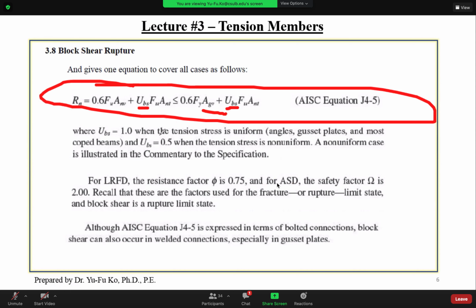The UBS term is equal to 1 when tensile stress is uniform, as with angles, gusset plates, and most coped beams, and 0.5 when tension stress is non-uniform. For the cases of non-uniform, you need to look at the commentary of the specification. For LRFD, the resistance factor for block shear is 0.75. For ASD, the safety factor omega is 2.